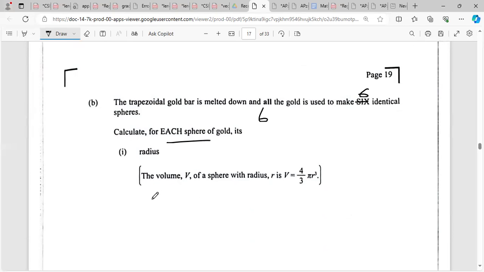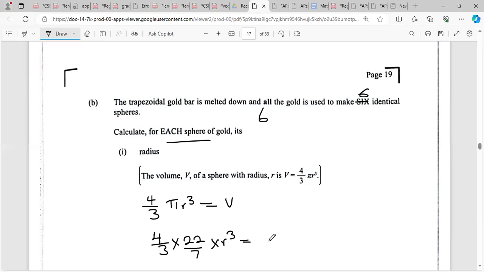Alright, I'm not going to work that way, guys, so I'm going to turn it over. So it's 4 thirds pi r cubed equal to the volume. So it's 4 over 3. They did say use pi as 22 over 7. We don't know what the radius is, but we know that it's r cubed.